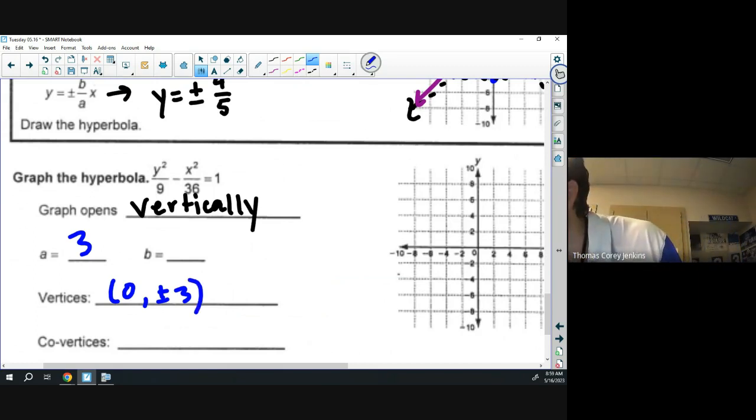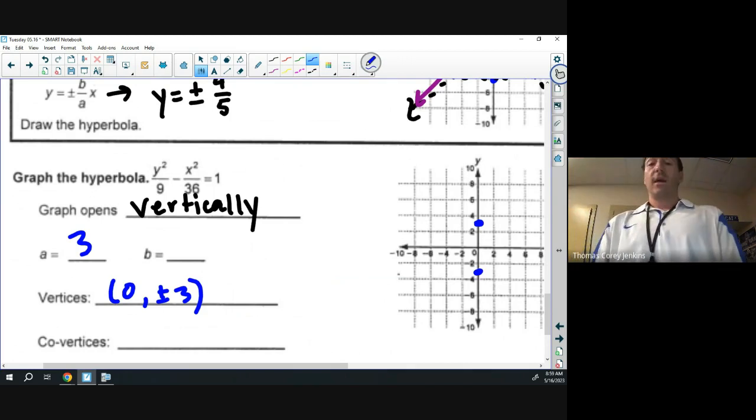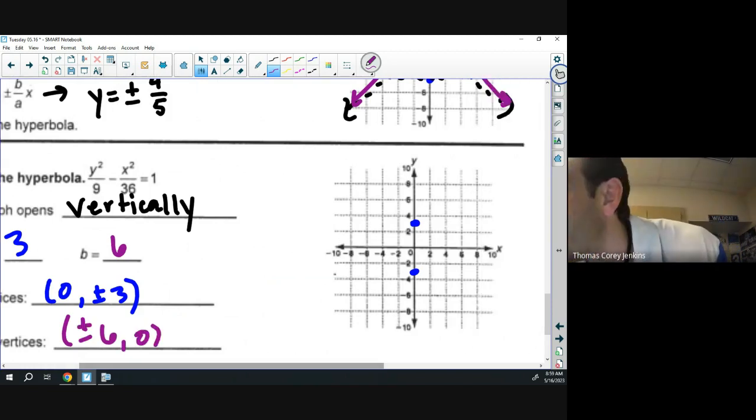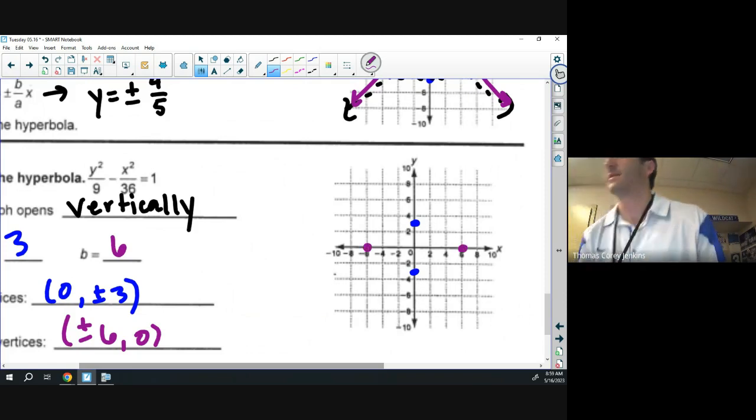So we have a point here and a point here, okay? And then b is going to be the square root of 36, or 6. That would be x coordinates there, so plus or minus 6, 0. So negative 6, 0, positive 6, 0.